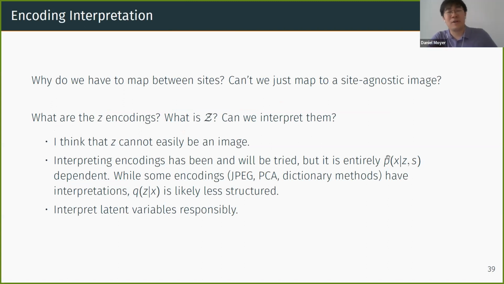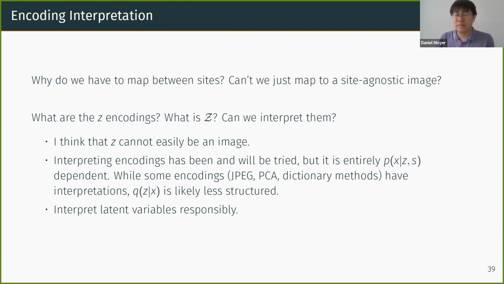One really common question that comes up: why do we have to map between the sites? Can we just find a site that is site agnostic? Can't we just choose the site agnostic image? And alongside this, can we look at the Z encodings and interpret them?